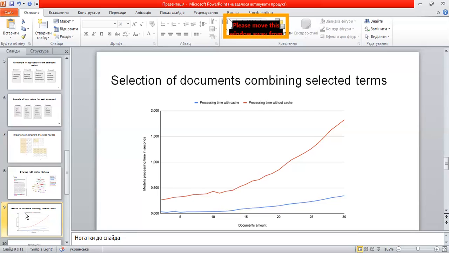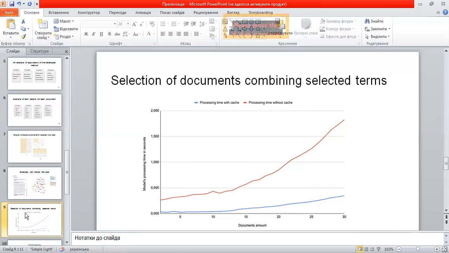For a corpus containing only two documents, the speed of the model without the cache is 264 milliseconds, compared to the speed of the model with the cache, 34 milliseconds.